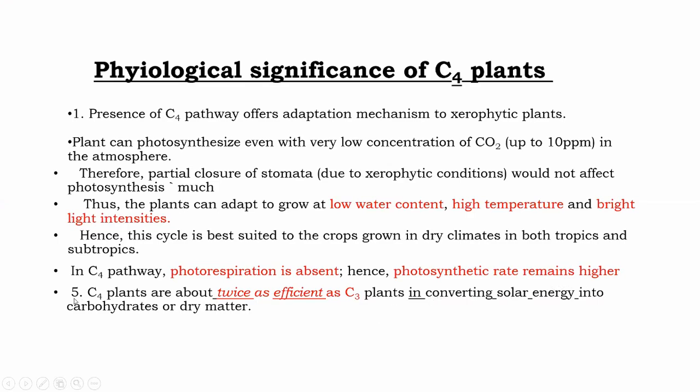In general, C4 plants are about twice as efficient as C3 plants in converting solar energy into carbohydrate or dry matter. This is very, very important. C4 plants are able to produce twice the amount of carbohydrates than C3 plants.